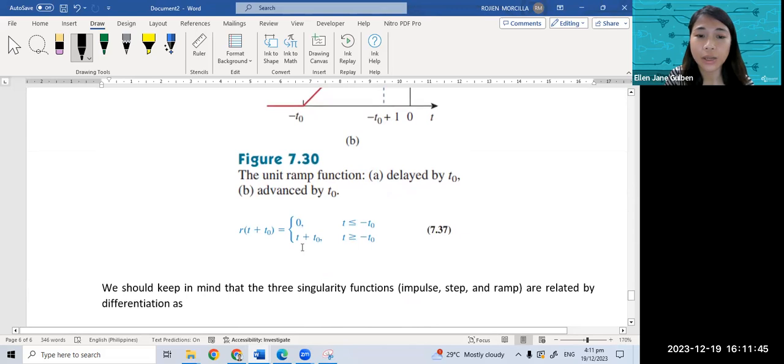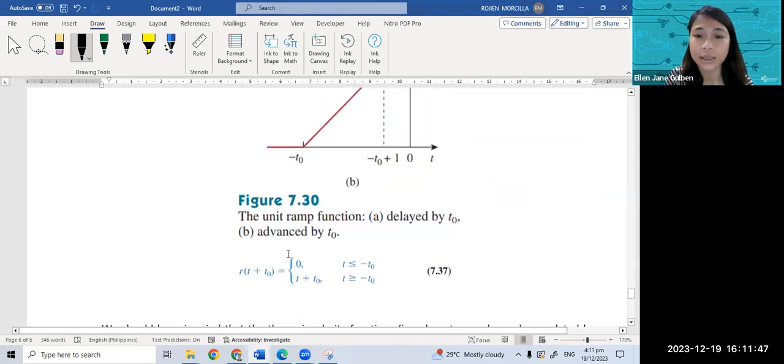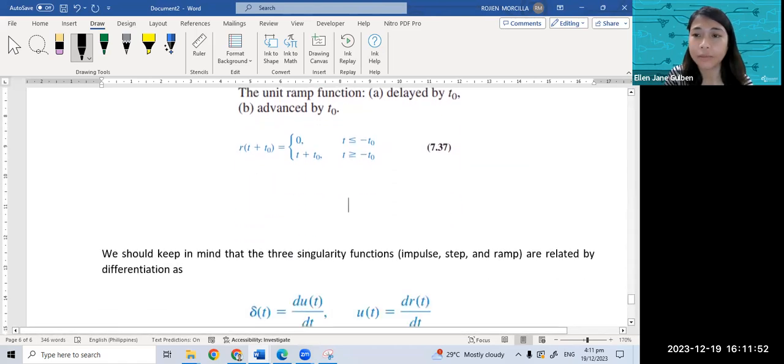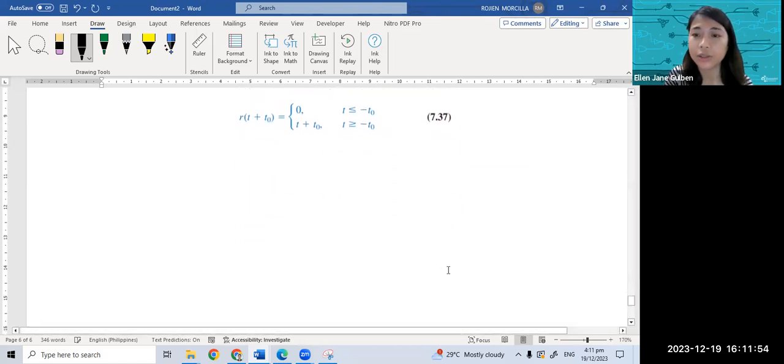Something that I would also like to note is that these singularity functions are very useful for signal processing.